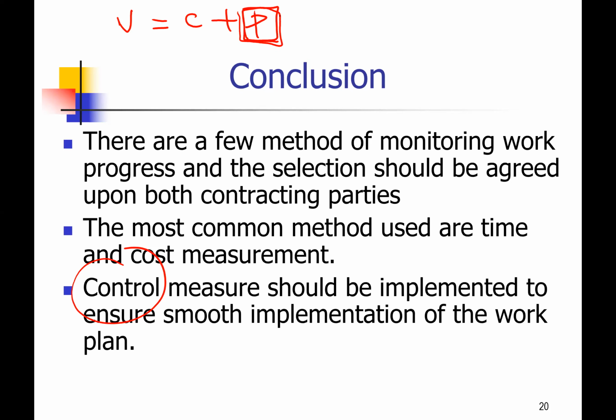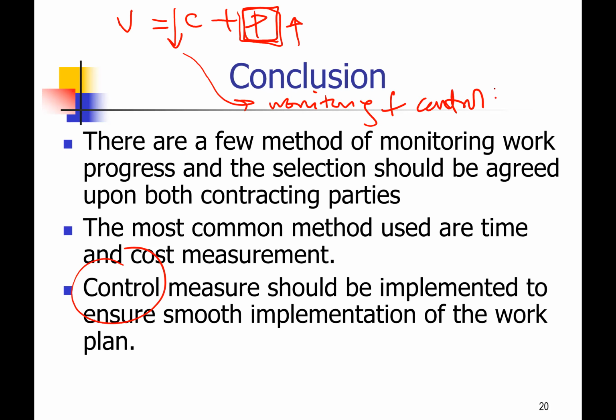And how do you maximize profit? You can only maximize profit by lowering the costs. You see, the equation is always like that. If you can lower the cost, then the profit will be up. But the issue is, how are you going to lower the construction costs? Only through proper monitoring and control.